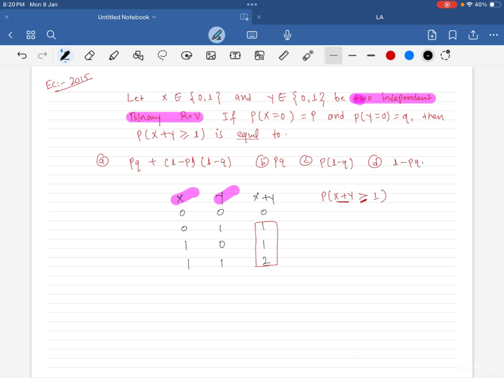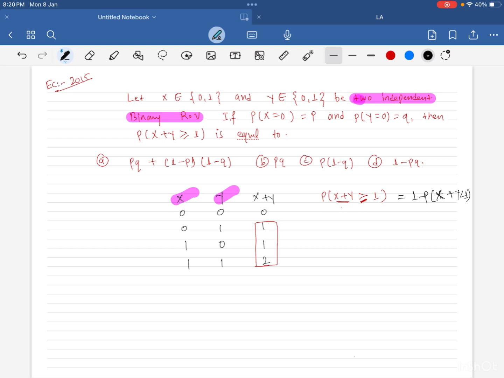So we can write the probability that x plus y is greater than 1 is equal to 1 minus the probability that x plus y is less than 1, right? So these two are the same.